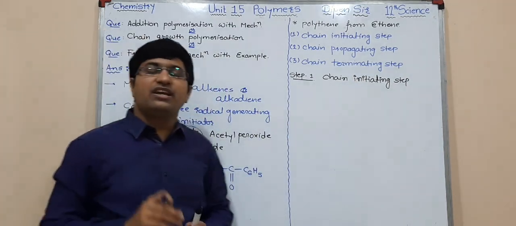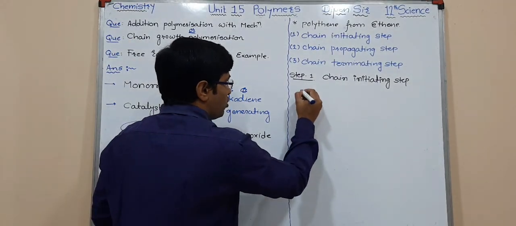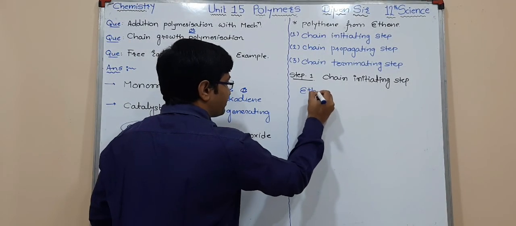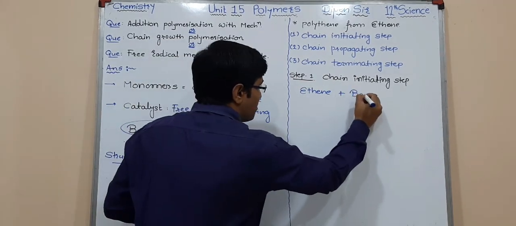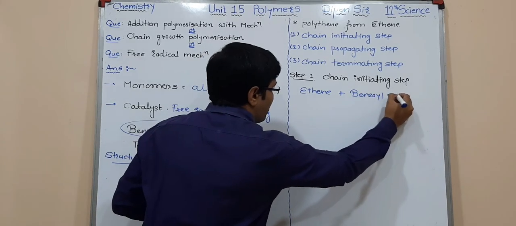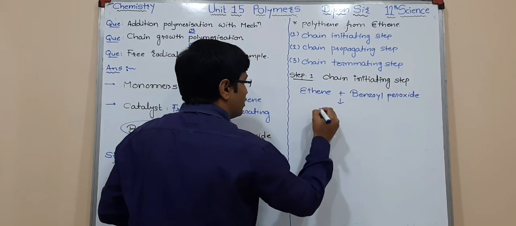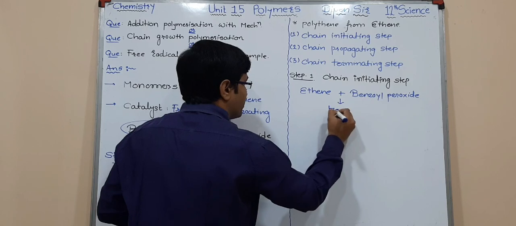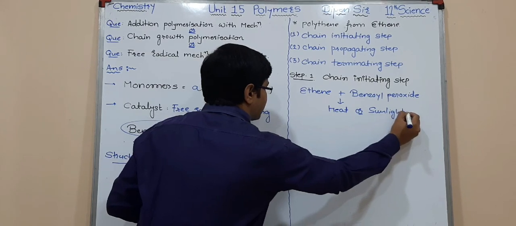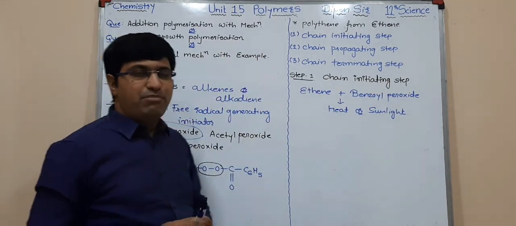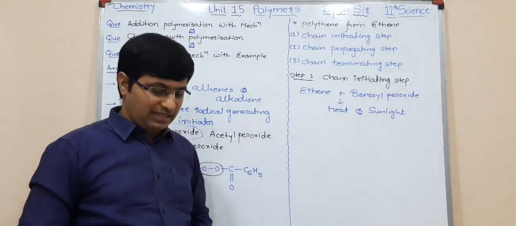In this chain initiating step, first of all, we take the monomer ethene with a small amount of catalyst benzoyl peroxide and expose this mixture to heat or sunlight. So the first step begins with the mixture of ethene and benzoyl peroxide exposed to heat or sunlight.